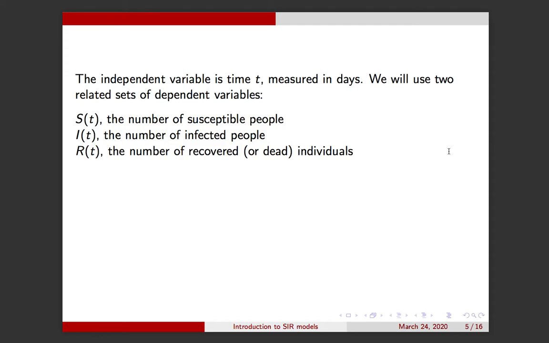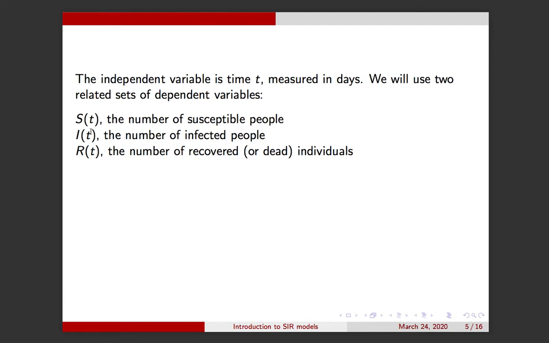We're going to use this notation for the variables modeling those 3 populations: capital S for the raw number of susceptible people, capital I for the number of infecteds, and capital R for the number of recovereds, where again, recovered is a bit of a misnomer that encompasses people who have literally recovered and also those who have died. These are the 3 dependent variables of interest.